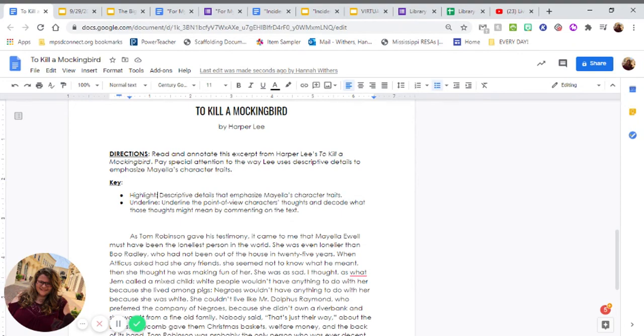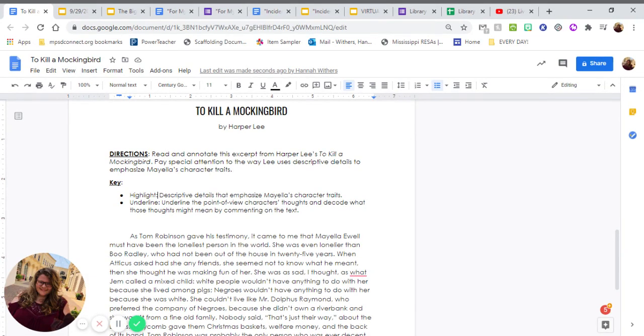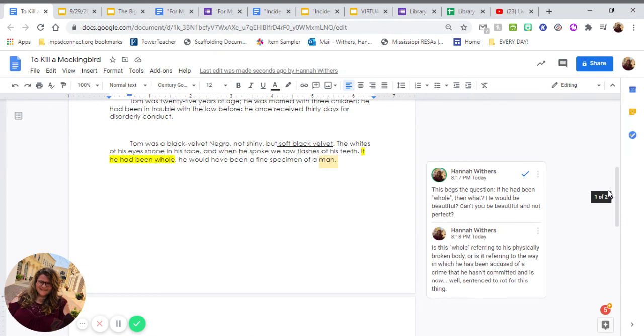Again, you are highlighting descriptive details, and then you are going to actually underline the point of view character's thoughts and decode what those might mean by commenting on the text. So, highlight, comment, just like that. And so, you are the reader, and what the point of view character is thinking about her will mean some other things to us.